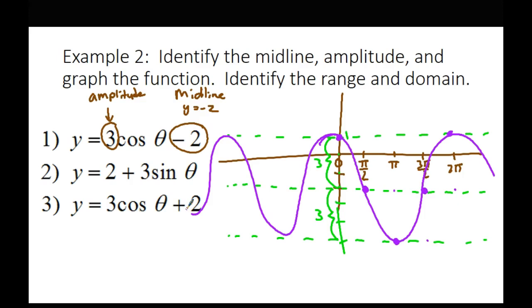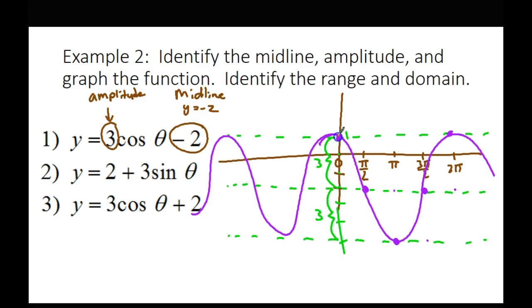I'm sorry, I'm just kind of confused how you put the points. Where the purple dots came from? Yeah. So it's always going to bounce back and forth between the max, midline, and minimum, right?